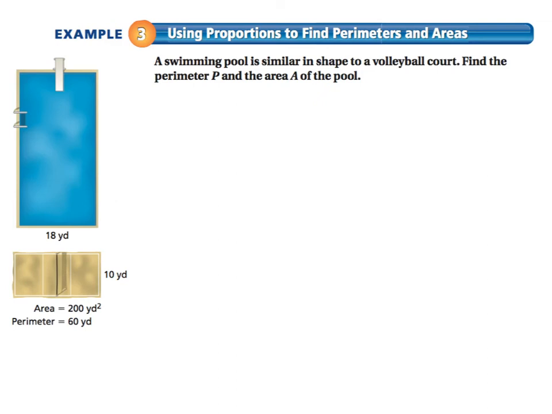In example 3, we're going to talk about a swimming pool and a volleyball court that are both similar in shape. Find the perimeter and area of the pool. So I need to find the perimeter and the area. Well, the first thing I need to do is write a ratio of the side lengths that are corresponding. As you can see, 18 and 10 are the widths.